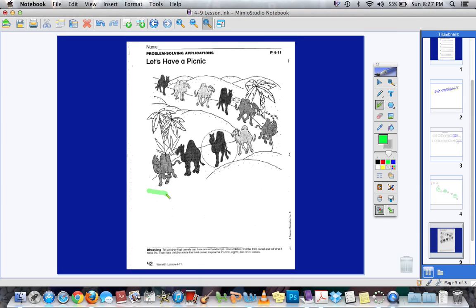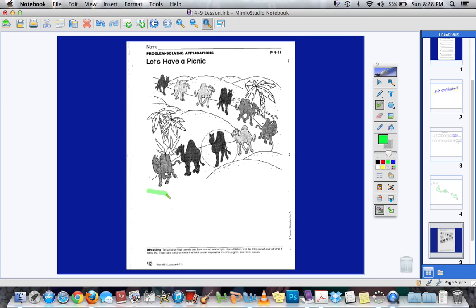Hopefully you found the fifth camel and you circled it. All right, now they'd like you to circle the eighth camel. The eighth camel. Circle the eighth camel. All right, hopefully you found the eighth camel.